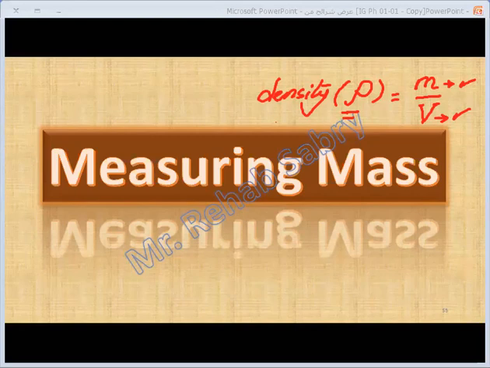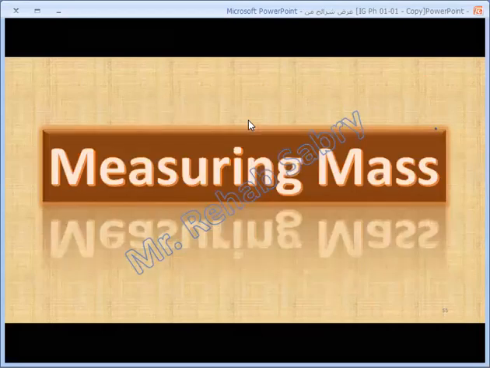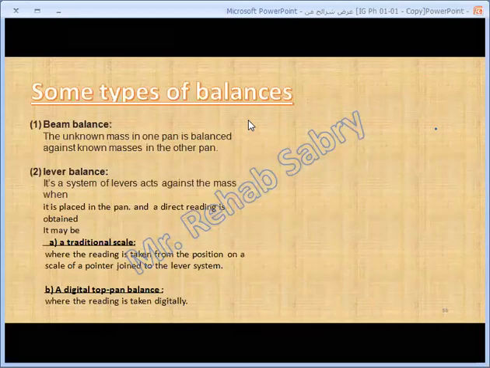So here, we will learn to measure mass. We know that measuring mass can be done by devices called balances.